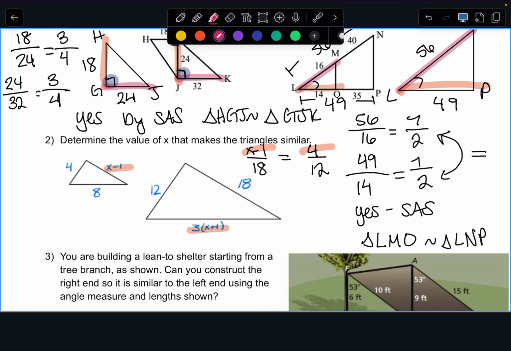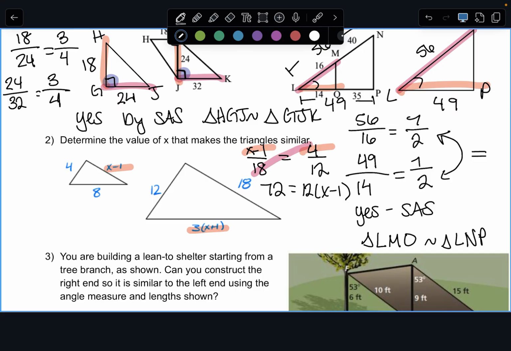Butterfly. So 18 times 4, that's 72. And then when we do 12 times x minus 1, we have to put that x minus 1 in parentheses. It's not 12x minus 1, it's 12 times x minus 1. Okay?